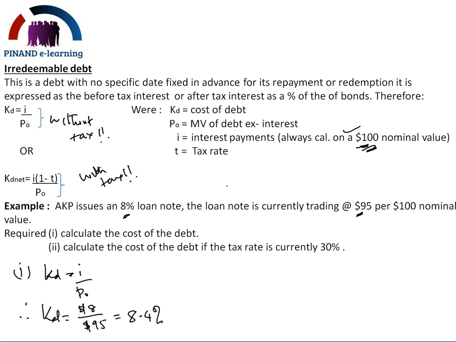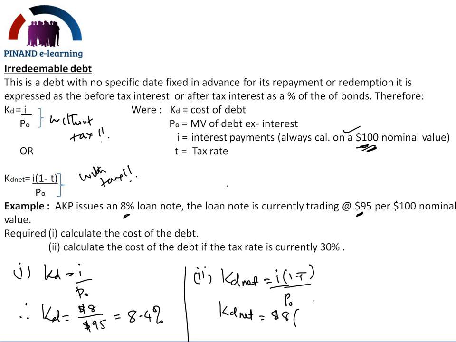Very easy. Now let's do the second part, which says we should factor in, assume a tax of 30%. So let's factor in tax, so that becomes KD net. Net means net of tax. I times 1 minus T, all over PO. So this becomes KD net, tax rate is 30%.